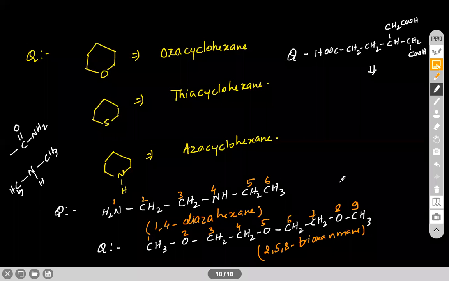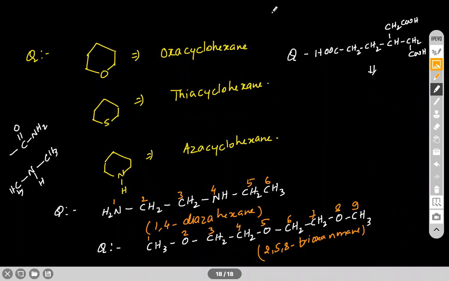Suppose in an open chain you have only one nitrogen, then that will be N-methylmethanamine, like this one. But if you have more than one nitrogen, then we'll go by this, diaza. In the ring, there is no confusion. Got it?